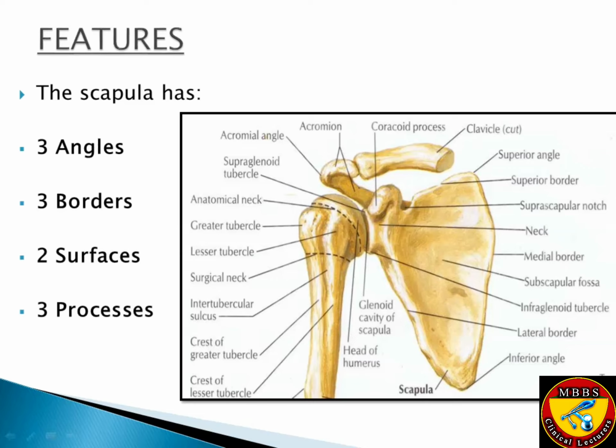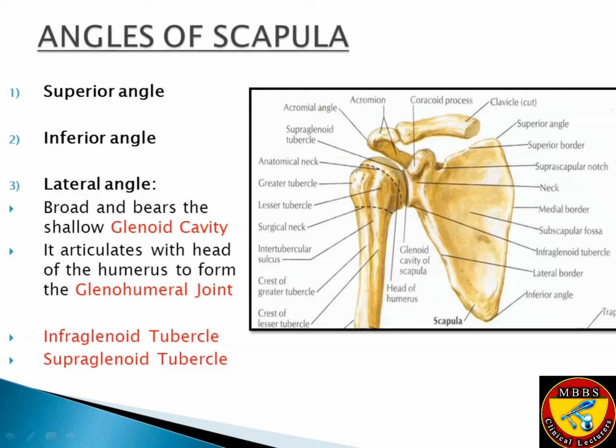So first we are going to discuss the angles. As I said, it has three angles: superior angle, inferior angle, and a lateral angle. The superior angle is positioned medially and is on the superior aspect, on the upper part of the scapula. The inferior angle is positioned inferiorly in the human body.